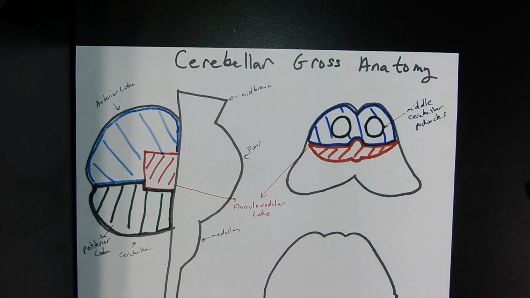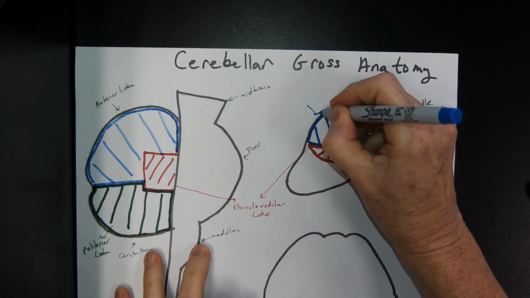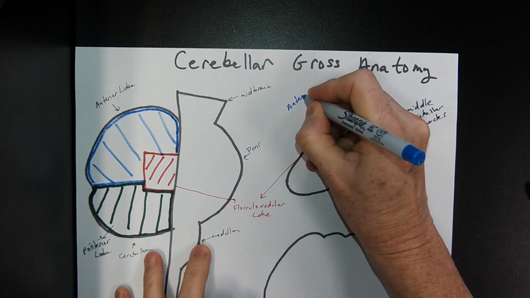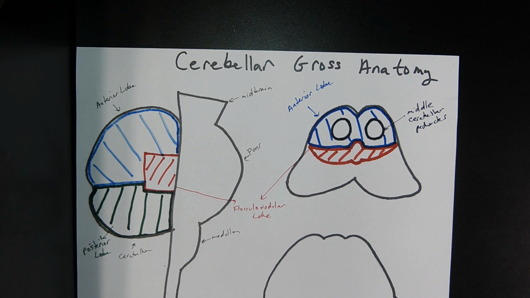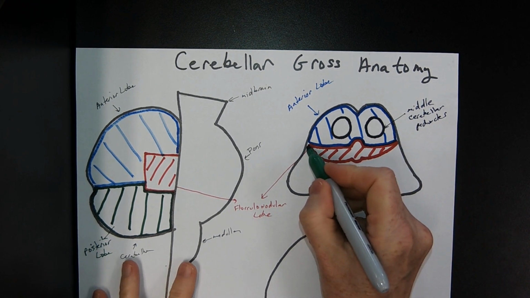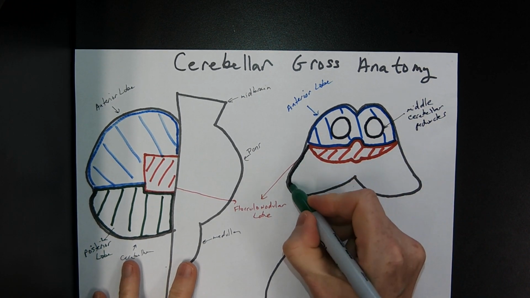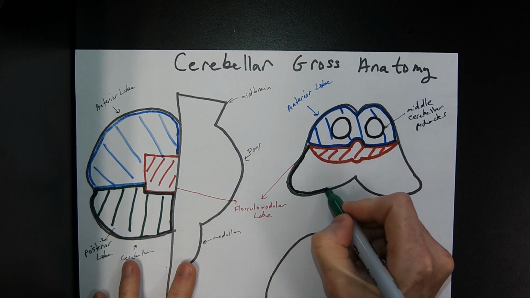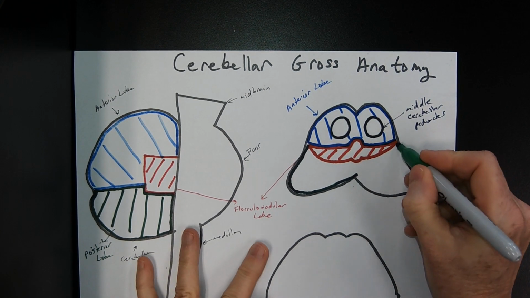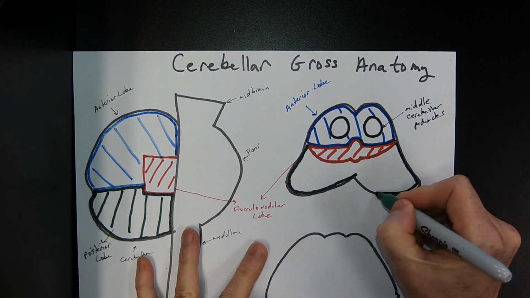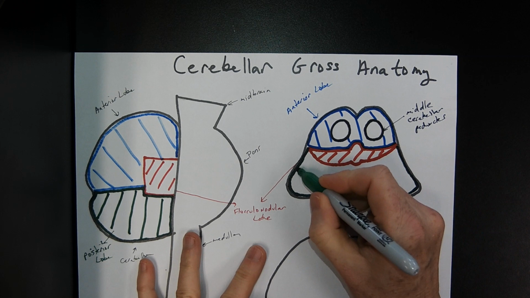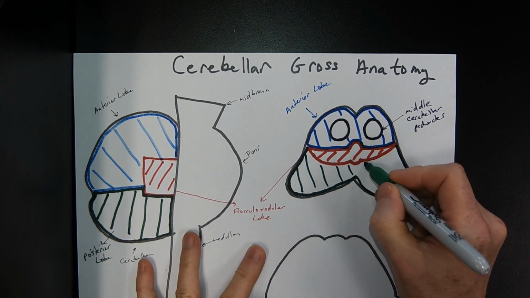So here's your anterior lobe. Okay, basic gross anatomy, and then right underneath that, all together, is going to be your posterior lobe. And looking at it like this, you just remove the brainstem and you're looking right at the back part of the cerebellum, sitting in the back.